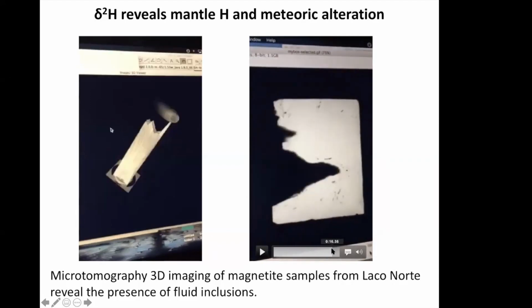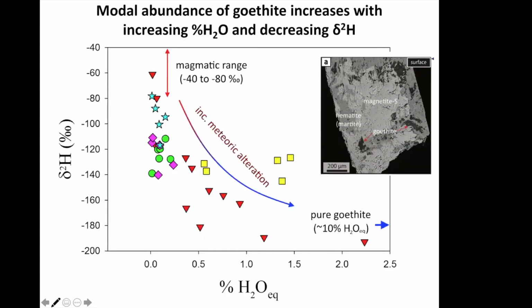So we interpret some of the hydrogen isotopes that are consistent with a magmatic range for hydrogen isotopes to represent hydrogen that was sampled by us in fluid inclusions trapped in magnetite during growth from an originally magmatic hydrothermal fluid.